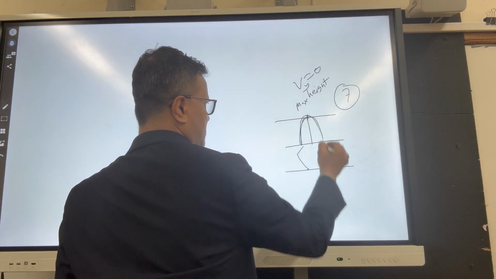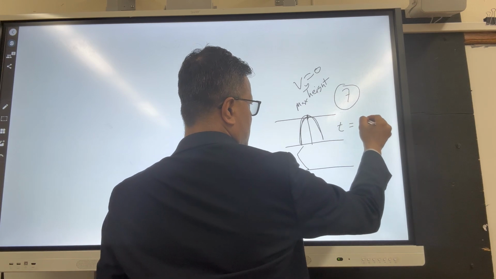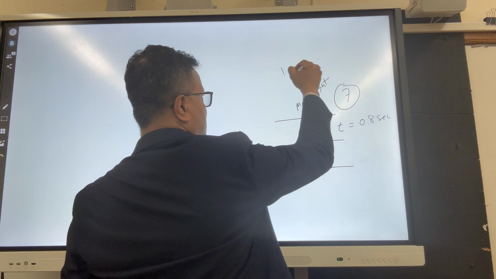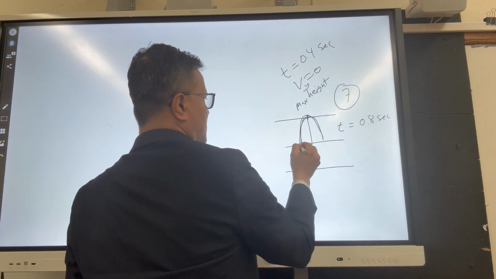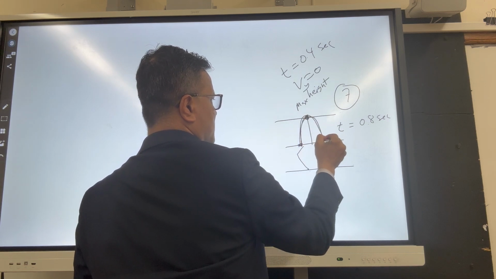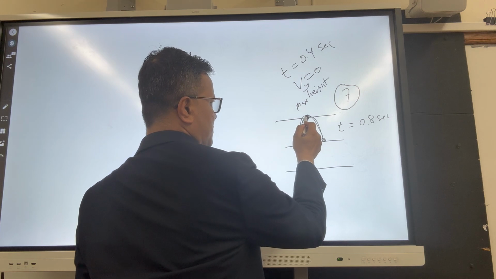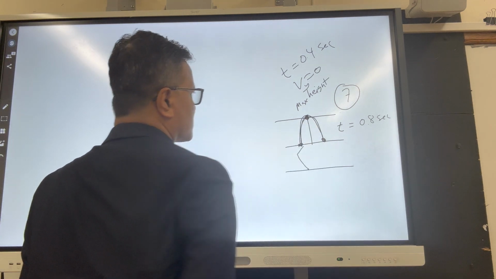Given that you are in the air for 0.8 second, what time are you at max height? 0.4 second. Here is 0 second, here is 0.4 second, here is 0.8 second. At 0 second, you take off. At 0.4 second, max height. At 0.8 second, you return to the ground.